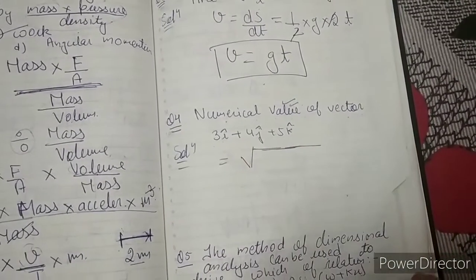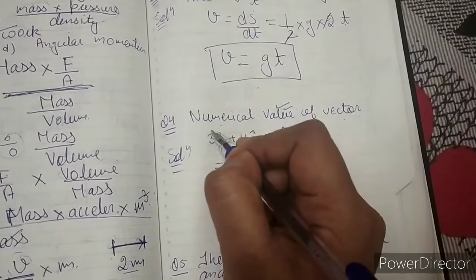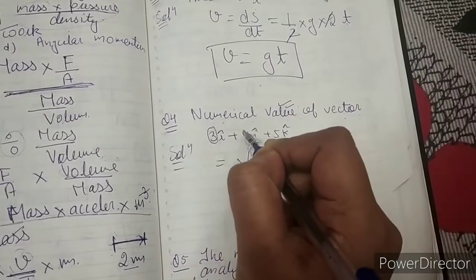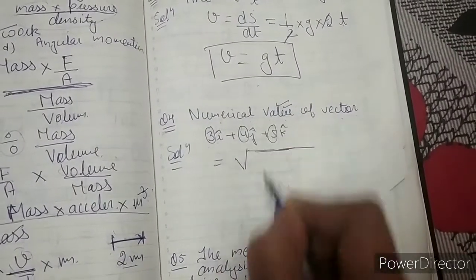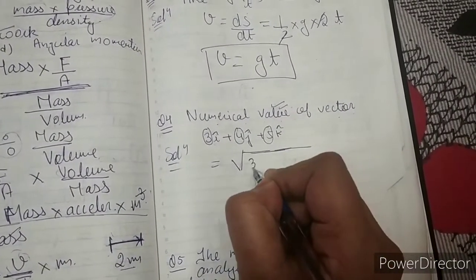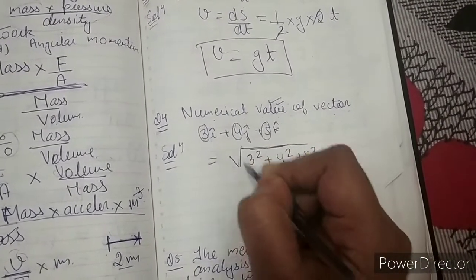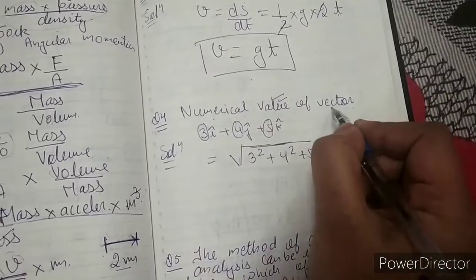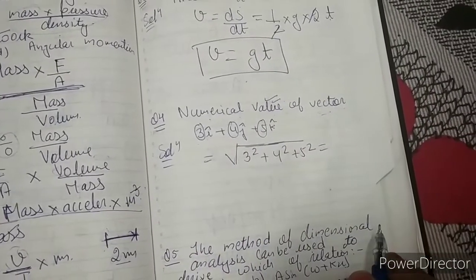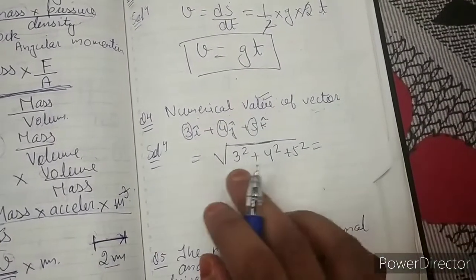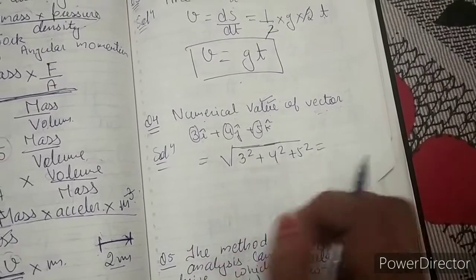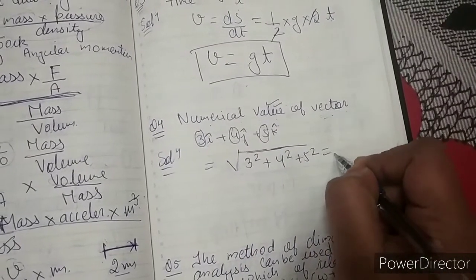Square and take the magnitude. You have to take the square of each component. So 3 square plus 4 square plus 5 square, all under root. In this way you can find the value of this vector. The magnitude of any vector can be found only by this method. So what is this?